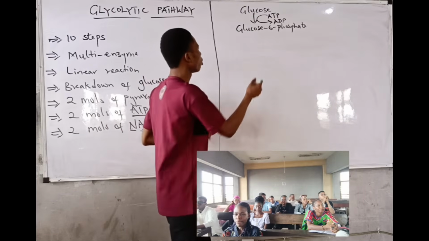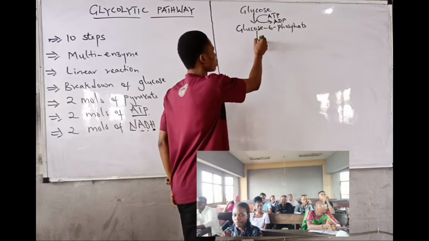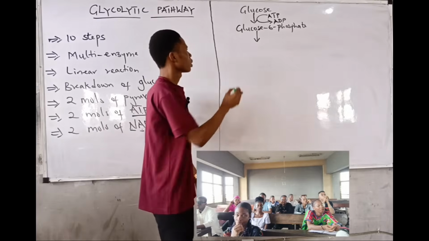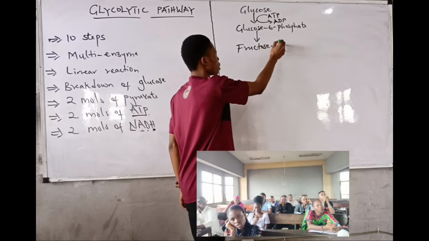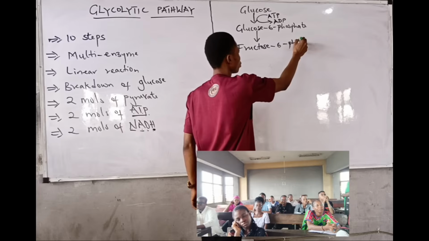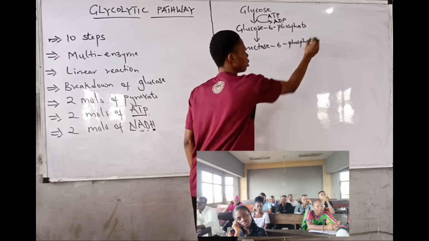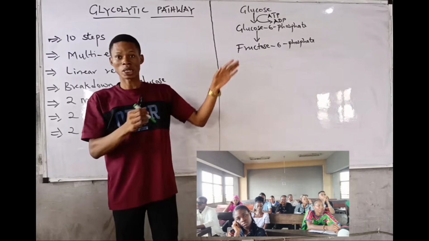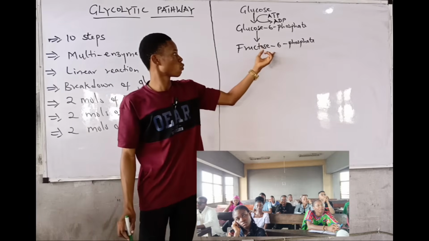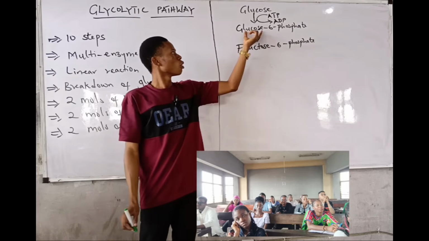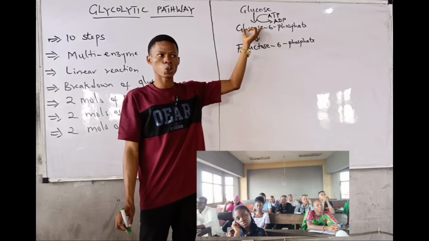Alright, so from glucose 6-phosphate, we get to the next step, which is fructose 6-phosphate. Just understand how it's moving. You'll get it in your head before you leave here. Now, what's the relationship between glucose and fructose?